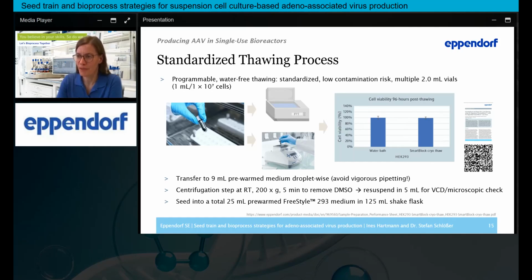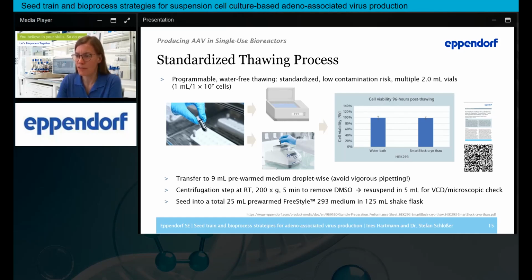The first thing, which is often not looked at so much, is the thawing process. What we did in this application, which is also our standard, is to use not a water bath, but a programmable water-free thawing process. In this case, we used our thermomixer, which has exchangeable blocks.